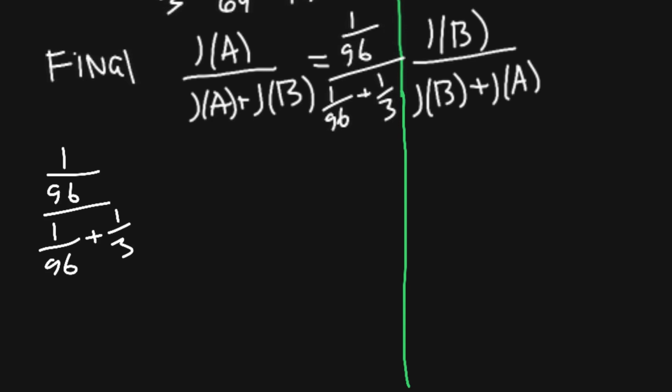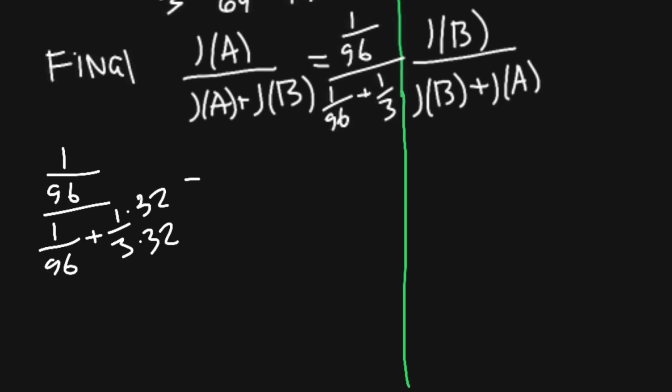Our denominators have to be the same. So we have to multiply 3 by 32, and the numerator by 32.